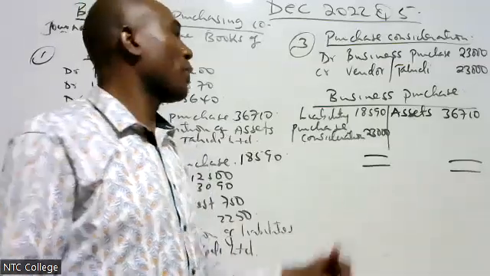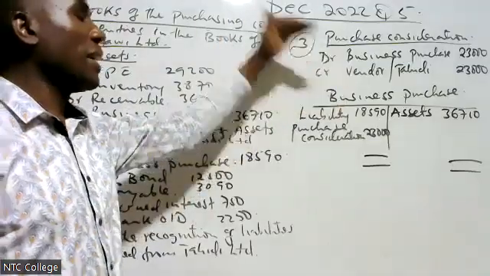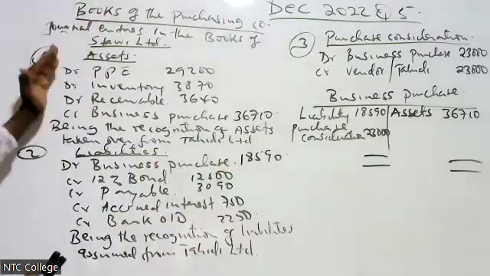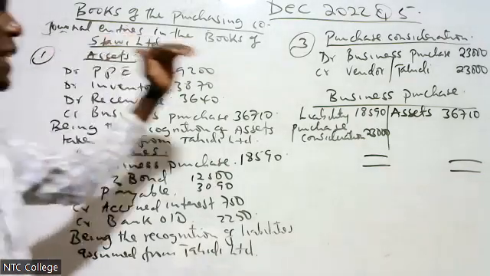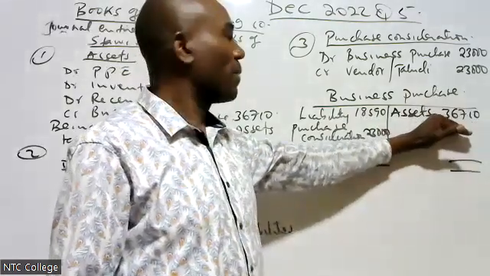Yes. Now, this is our capital account, our business purchase account. Therefore, whatever money we have, we debit to buy assets. We debit the asset, then we credit our capital account, that is the business purchase account.